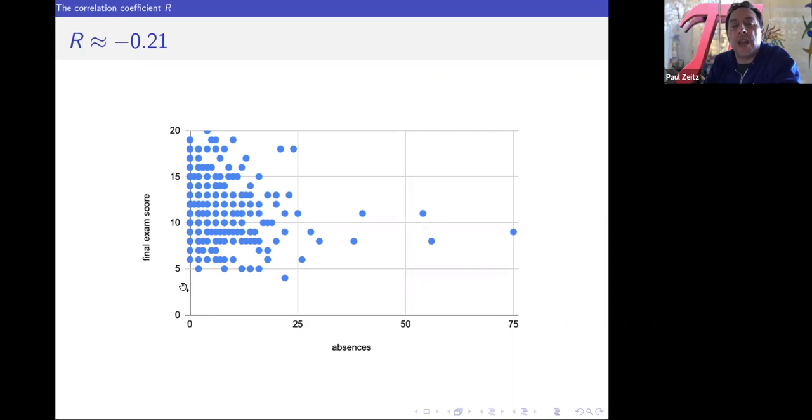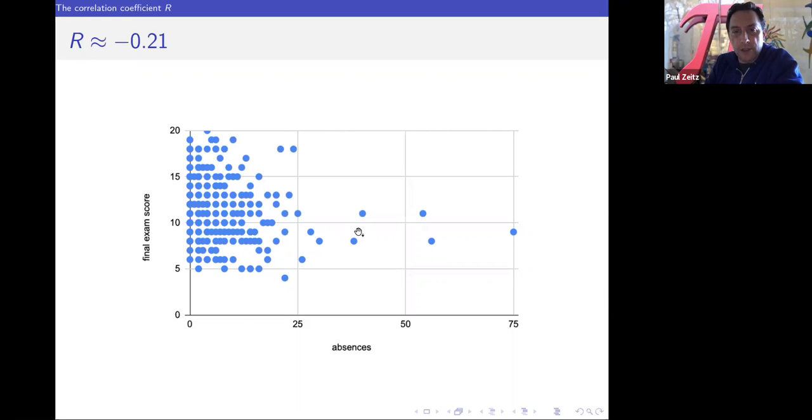In other words, if you were not absent at all, you did better than the class average, on average. And if you continue looking at these vertical lines, it's not exact, but if we take each vertical line and tell a story about it, what you generally see is lower outcomes. Not completely.